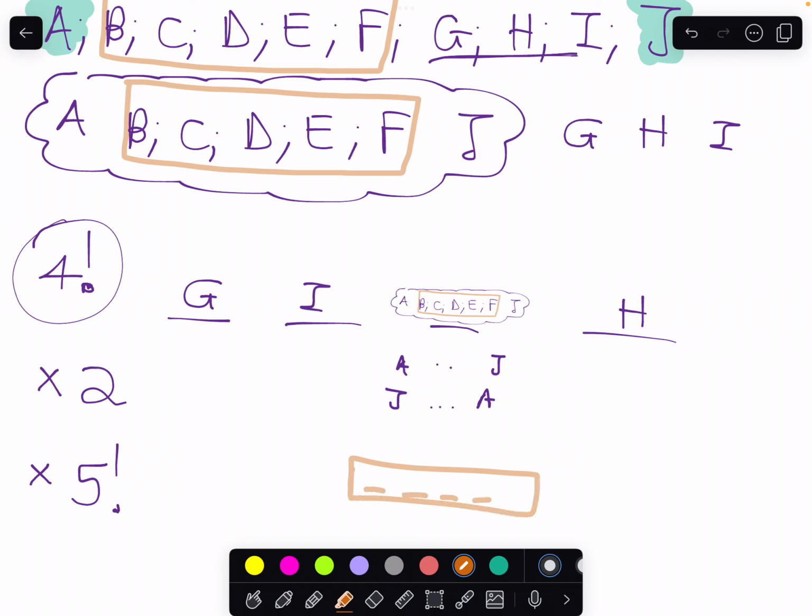Okay, there are 5 slots, and there are the 5 people we've already chosen, B, C, D, E, and F. So we could have F over here first. There's 5 options we can choose from. Then we're only left with 4 options, so I can choose D here. And then we're left with 3, I could choose B. And then we're left with 2, so it's between C and E, I can choose E. And then the last slot, I only have 1 option left.